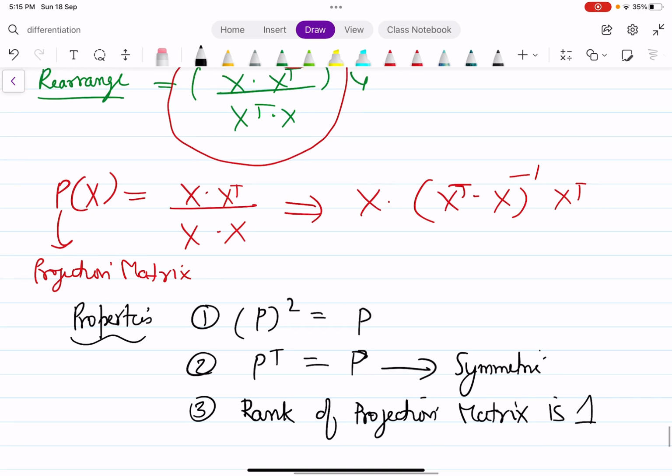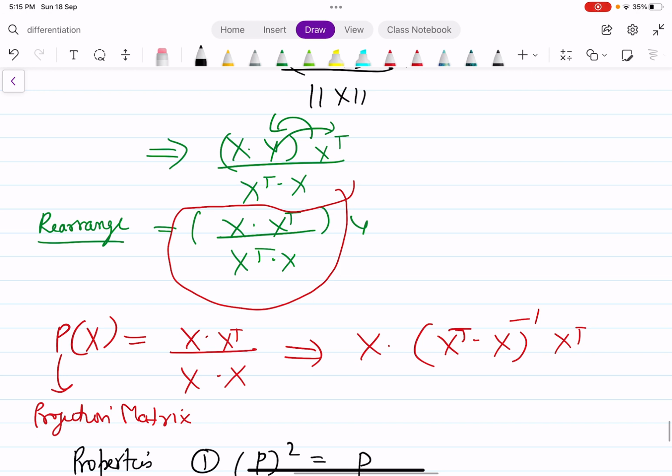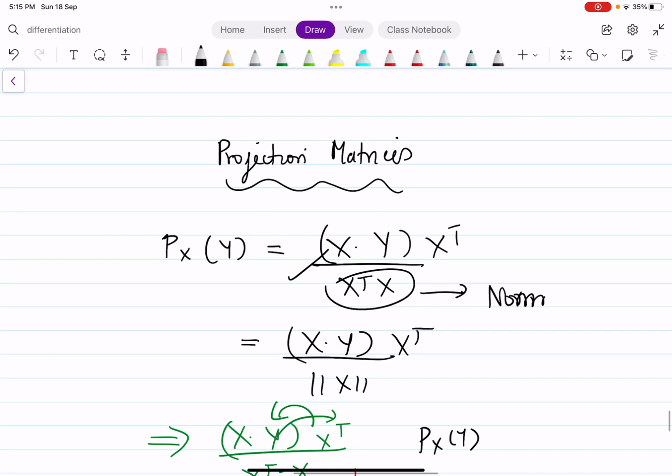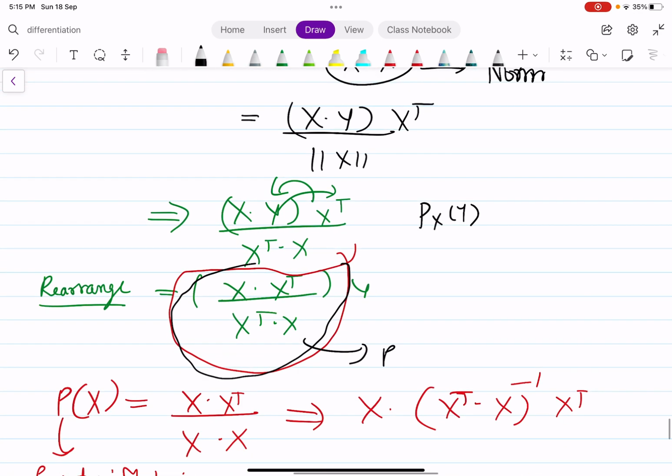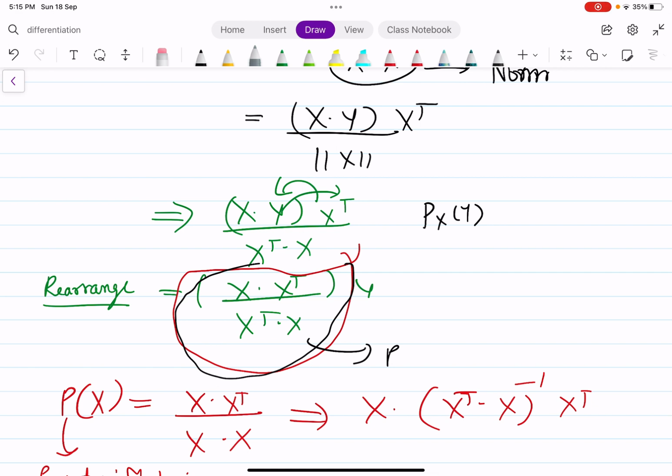Now before that, one more final thing that you should remember. This whole term is my projection matrix. This is P. So if I want to write the projection of x on y, which I wrote initially using this original formula, but now I want to write this in terms of the projection matrix. Can I do that? Simple, you can do that. This will simply be projection matrix of x into y.